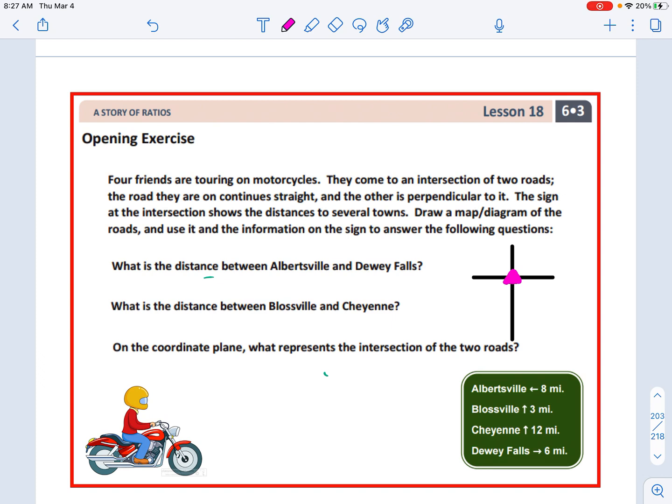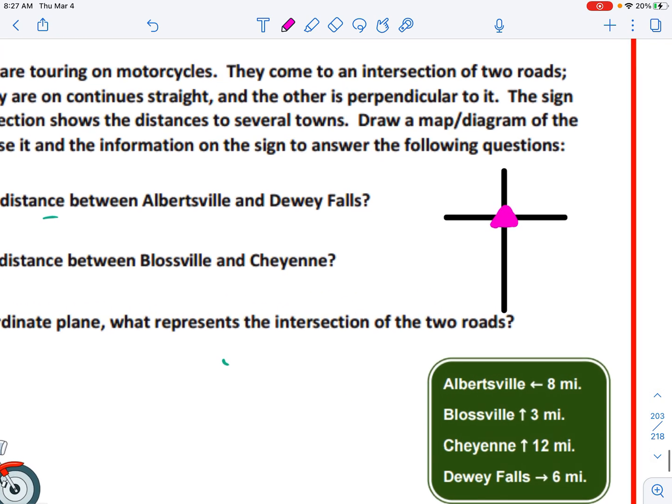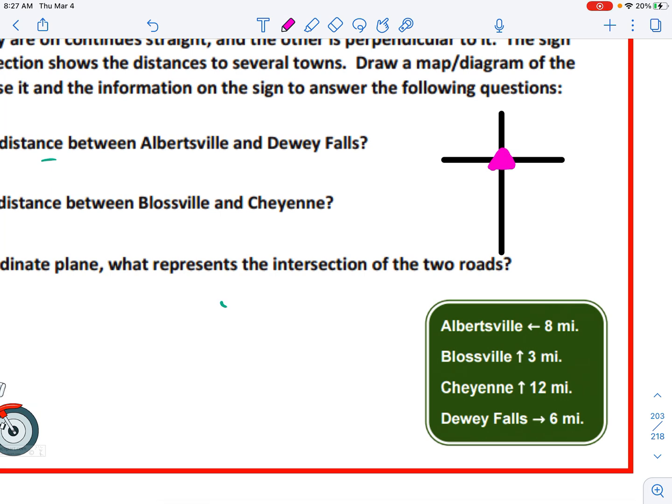Once they get to the intersection, they see this sign here at the bottom, and the sign says Albertsville to the left 8 miles, Blossville up 3 miles, Cheyenne up 12 miles, and Dewey Falls to the right 6 miles. So I'm going to go ahead and mark this. I'm not going to scale it, I'm just going to go off my eye.